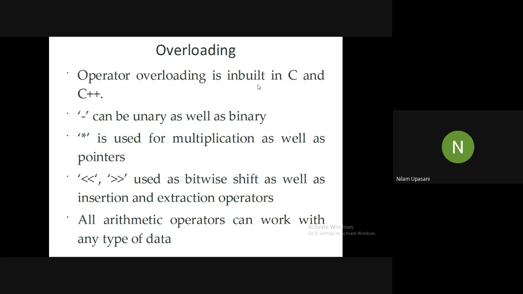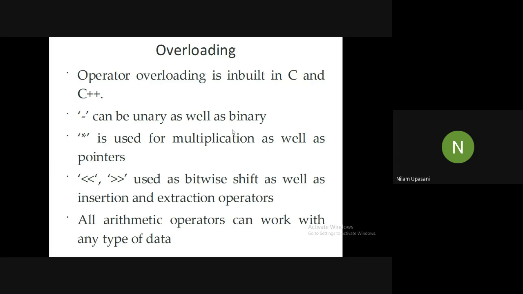Operator overloading is inbuilt in C and C++. Like inbuilt भी कुछ कहीं पे हम यूज करते हैं overloaded operators. We don't know, but we are using it. Like minus, this particular operator can be used as unary as well as binary. हमें किसी को negative value देनी है, so can we say a is equal to minus a?